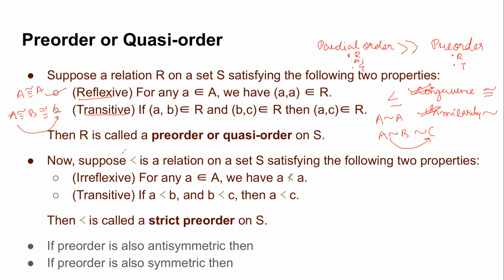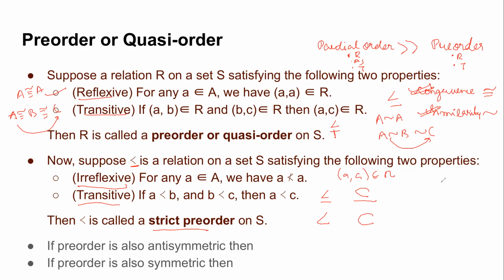Now, less than or equal to is also a pre-order. Instead of having this equal to, if I take a strict relation, that is, instead of reflexive, I want the relation to be irreflexive and transitive. What do I mean when I say irreflexive? Irreflexive means the (a, a) pairs will not be there, that is, the equal to sign will not be there. If I have less than or equal to, or a subset relation, I want their strict versions. Such a pre-order is known as a strict pre-order.